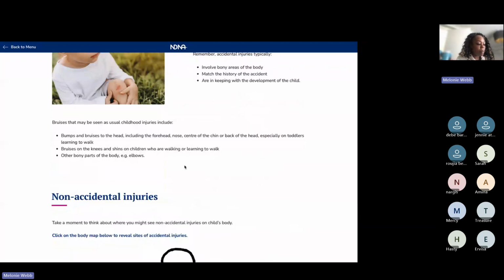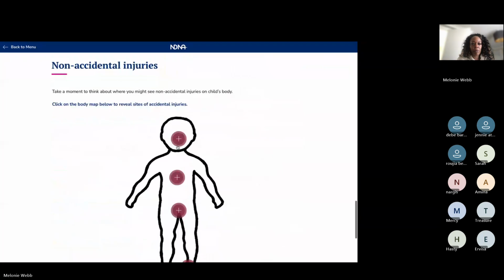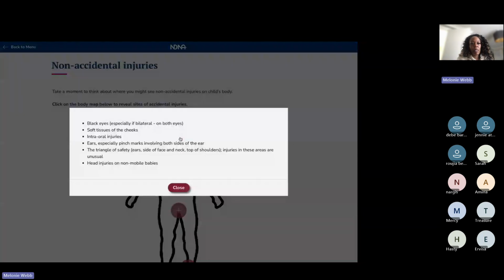Yep, stomach, arms, back, armpits, where they've kind of been grabbed. Private areas. Shoulders, thank you. So yeah, eyes, soft tissues of the cheek, ears, like pinch marks, ears, side of the face and neck, top of shoulders, head injuries on non-mobile babies.